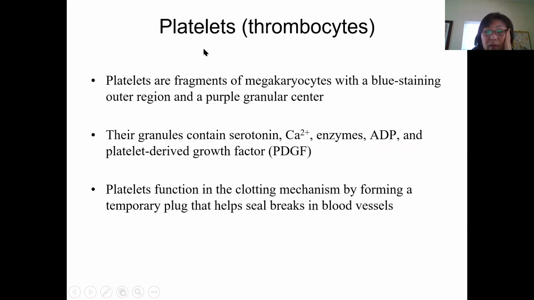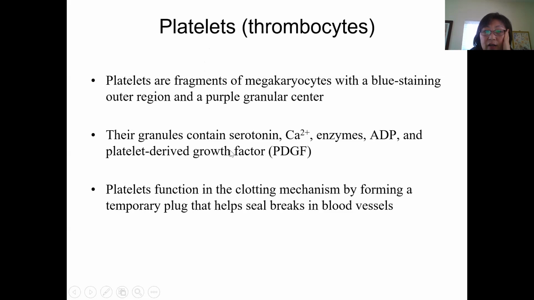Okay, let's talk a little bit about the platelets. Platelets are not cellular structures, okay? They are fragments of megakaryocytes. Megakaryocytes are a type of cell, all right? There are many functions associated with platelets. It's very important.